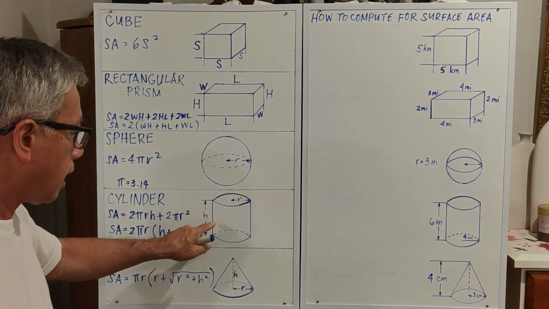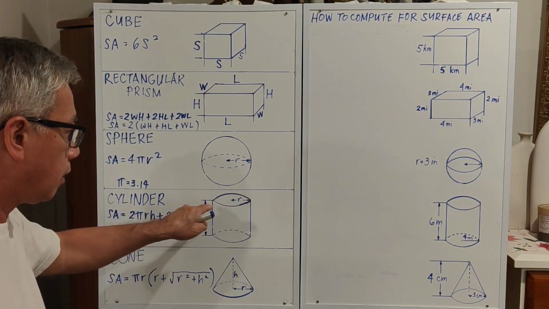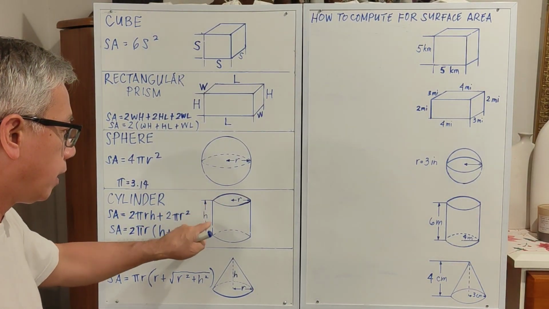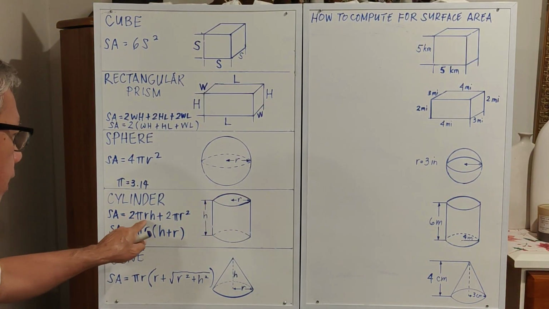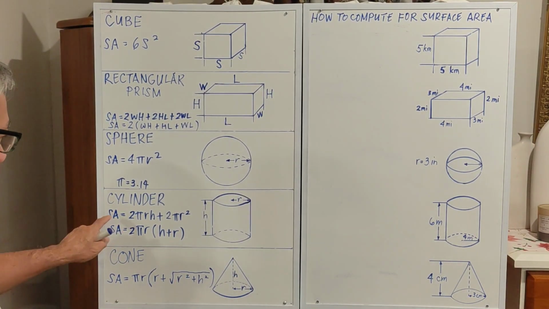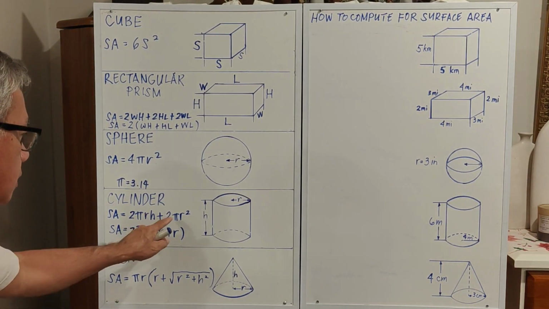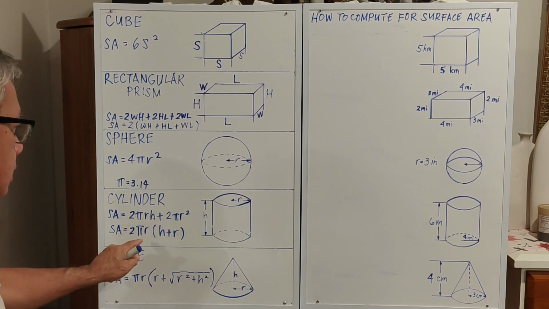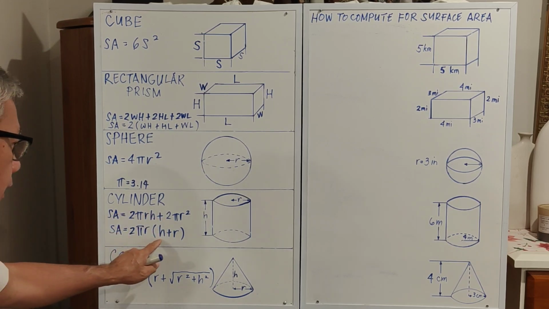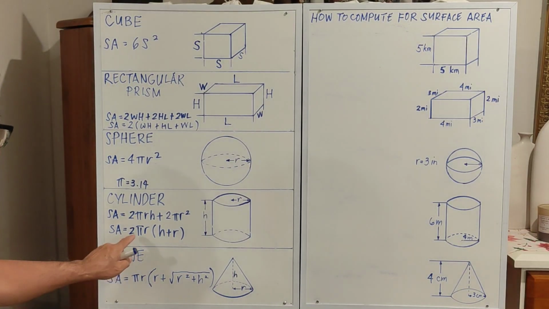The area of the side will be the perimeter of the circle multiplied by the height. So this is 2 pi r times h. We will notice also there's a common factor of 2 pi r on these two elements. We can take it out, and what's left is h plus r, times 2 pi r.